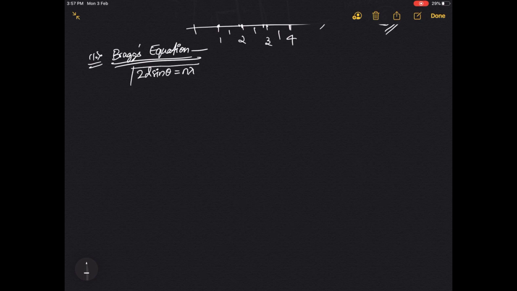So this is a pretty straightforward question. What they gave is theta equal to 24.65 degrees and wavelength lambda 0.1543, and the material is an FCC material.